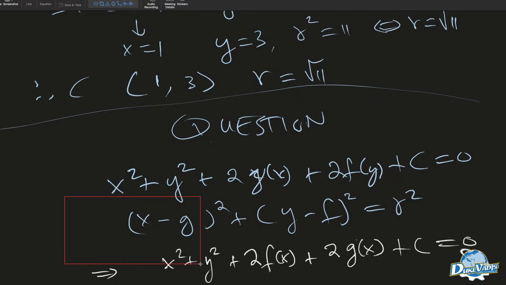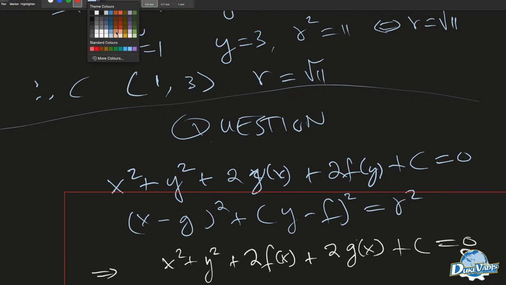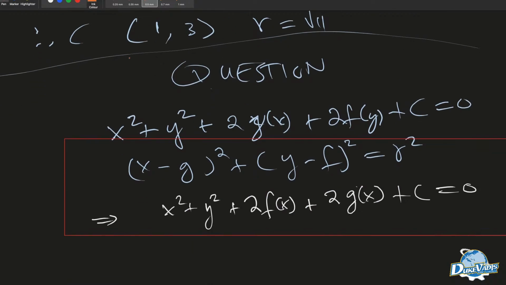Now let's see whether we can say something like that. Let's take typically an equation of a circle which is in the form of the first one.